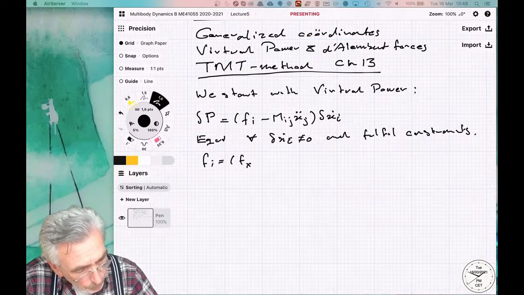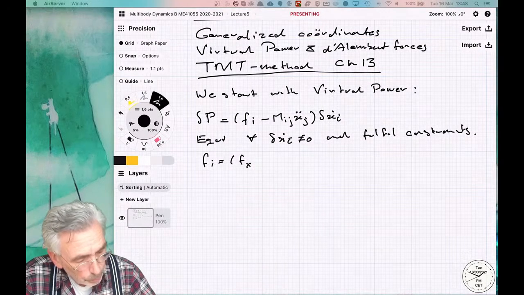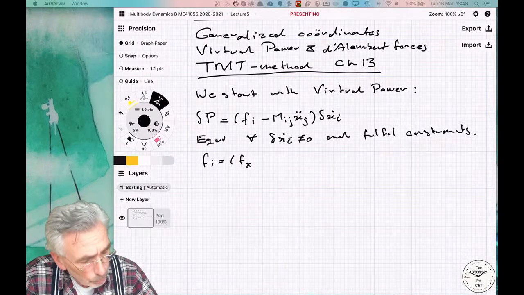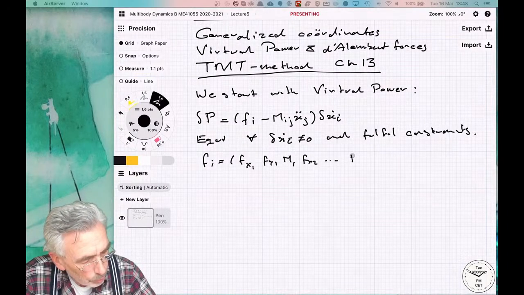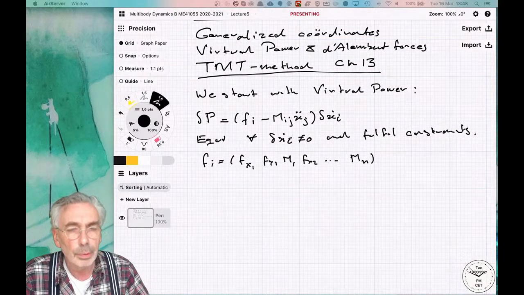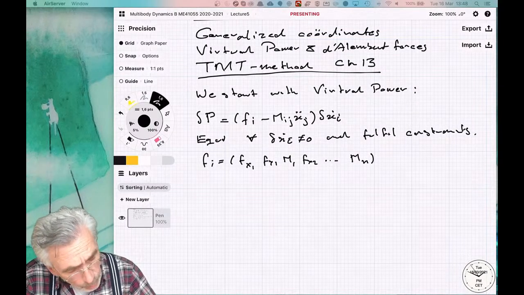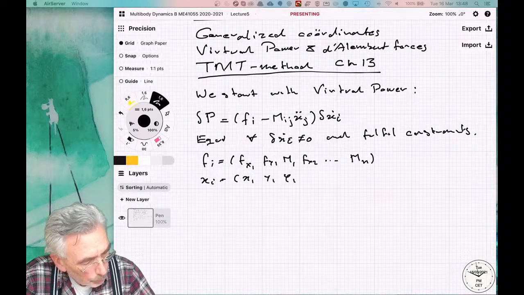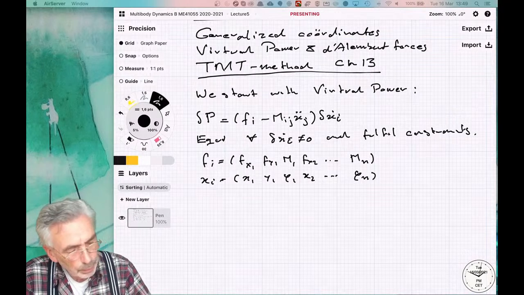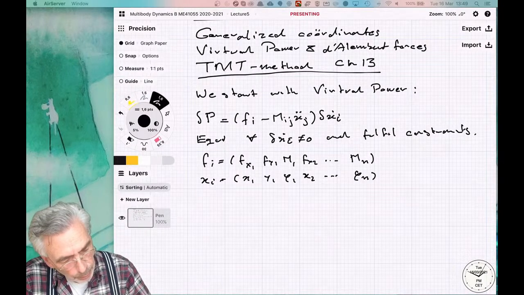But for inertial bodies with an extension, so with a mass moment of inertia, Fx1, Fy1, M1, Fx2, and that goes on until Mn, if we have n number of bodies. Likewise, the coordinates are x1, y1, phi1, x2, and it goes on to phi n.